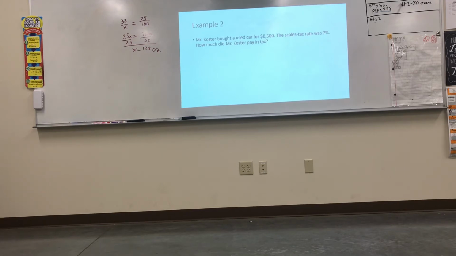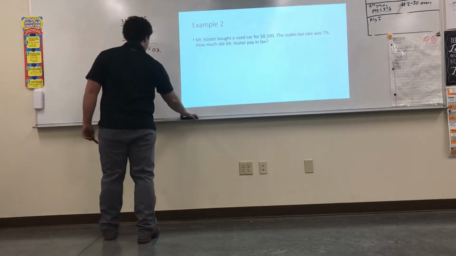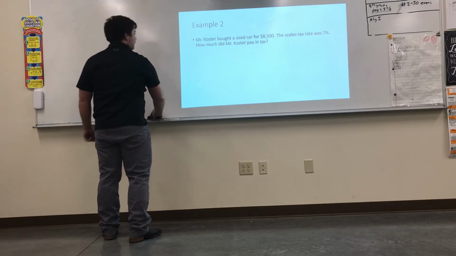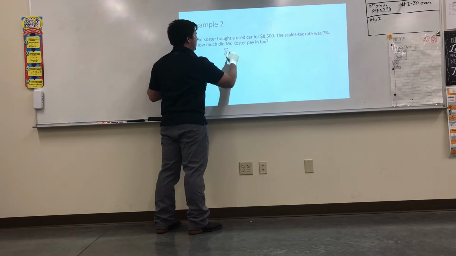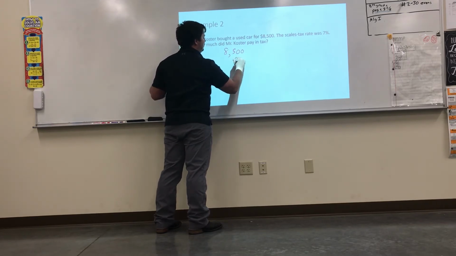Mr. Kester bought a new car for $8,500. The sales tax rate was 7%. How much did Mr. Kester pay in tax? Alright, so you would take 8,500 times 0.07.